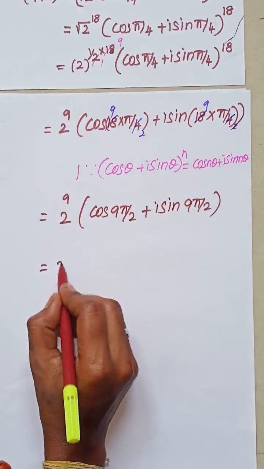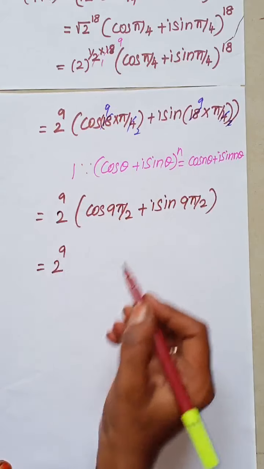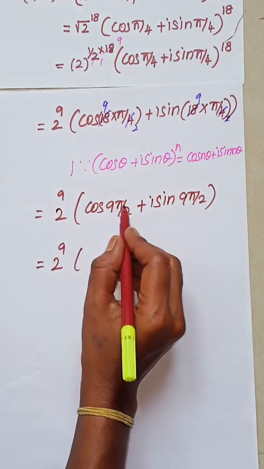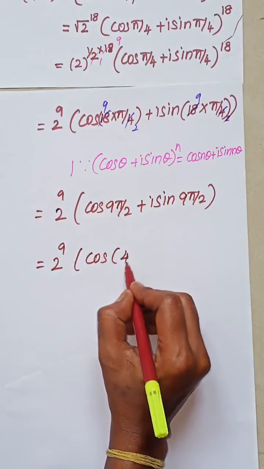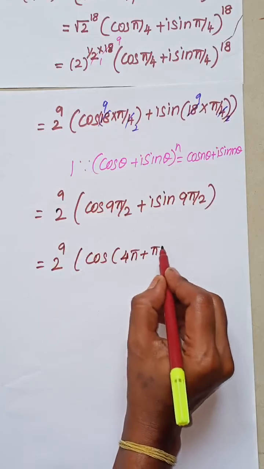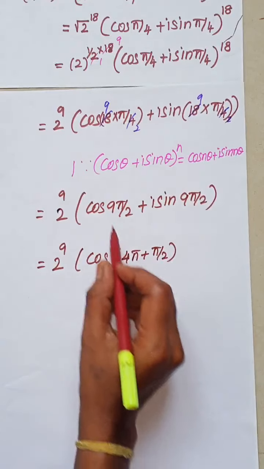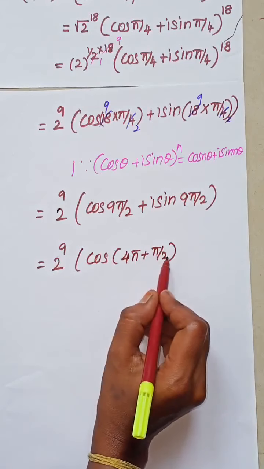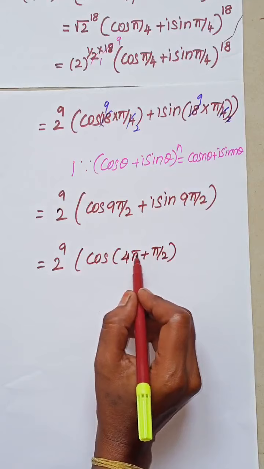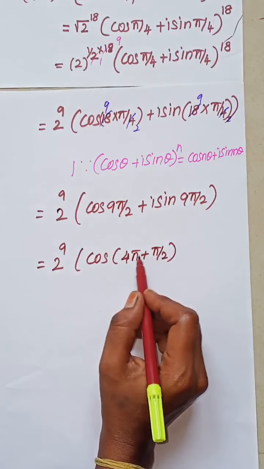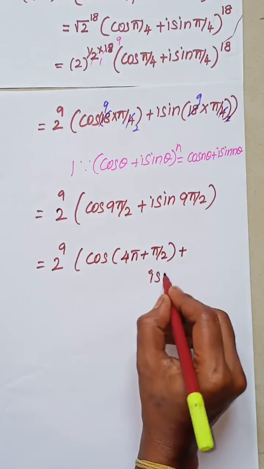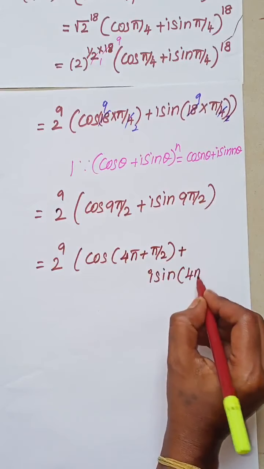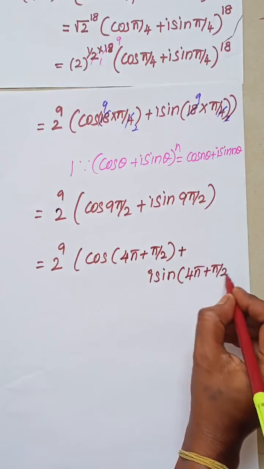Which is equal to 2 power 9 into, 9 pi by 2 can be split into cos of 4 pi plus pi by 2. Take the LCM, we get 9 pi by 2: 2 into 4 pi is 8 pi plus pi is 9 pi. So cos of 4 pi plus pi by 2 plus i sin of 4 pi plus pi by 2.